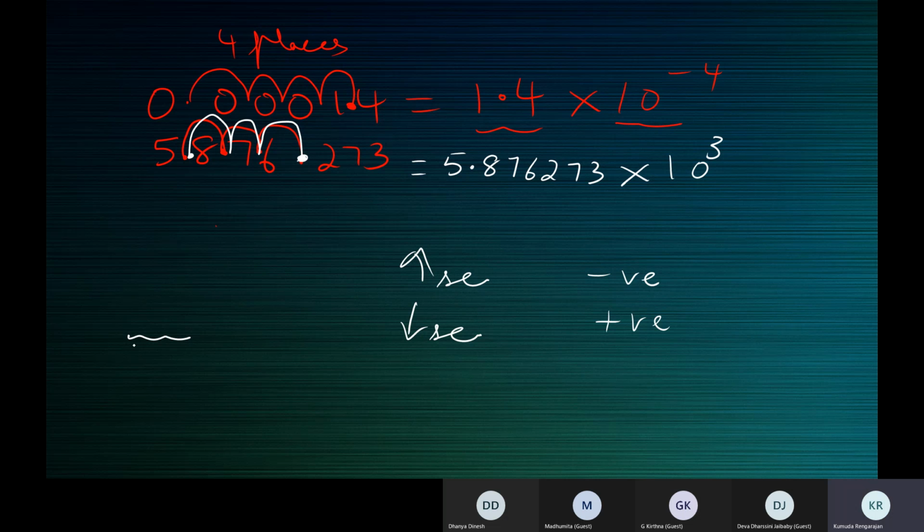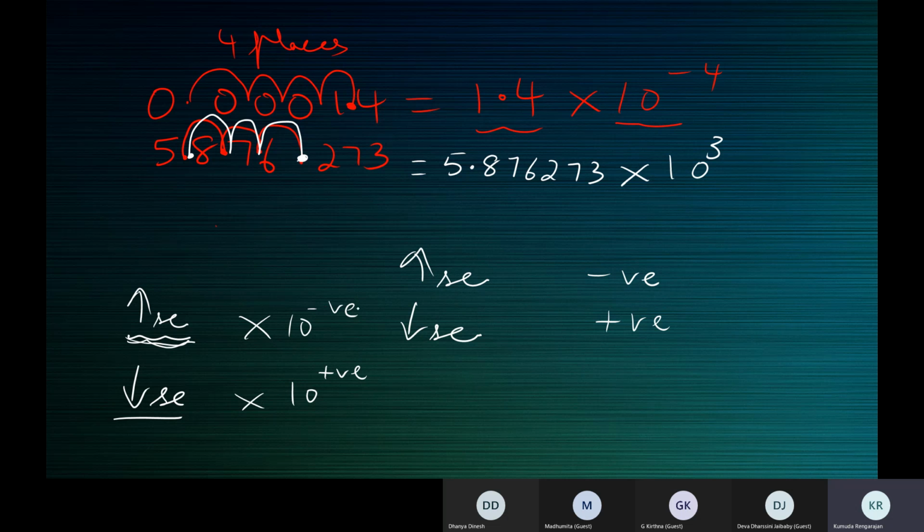The first part: if you have increased the value, already increased, no? So 10 will be raised to a negative power. If you have decreased the value, then 10 will be raised to a positive power.